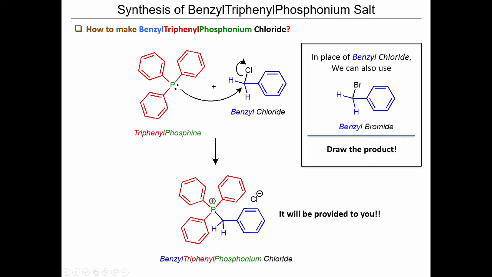So we have benzyl chloride, but you can also use benzyl bromide, and the reaction will still occur the same way. So phosphorus attacks this carbon, knocks off the chlorine, and what we're left with is this benzyl triphenyl phosphonium chloride salt, where the benzyl triphenyl phosphonium is the positive charge and it's counteracted by the negatively charged chlorine. So this is usually where we would start the lab. We wouldn't actually have to make this.